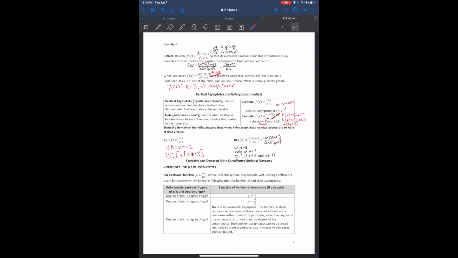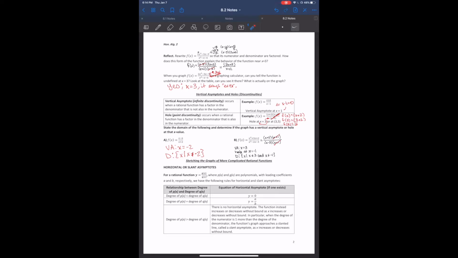Okay, and this is the table we're going to use to determine what kind of asymptotes we're working with. So for a rational function, y equals p of x over q of x, where p of x and q of x are polynomials with leading coefficients a and b, we have the following rules for horizontal and slant asymptotes.